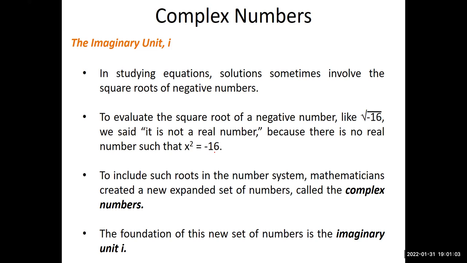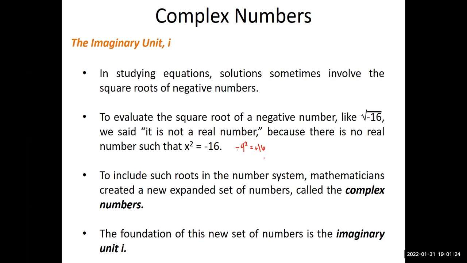If we have a perfect square, we could never have a negative 16. Even if you say negative 4 squared, it will still give you positive 16.